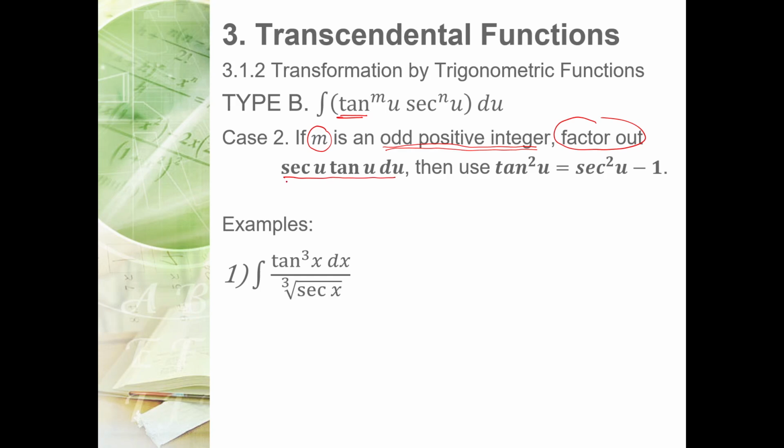The factored term will be the candidate for the derivative of u in the u-sub technique. If there's a tangent squared left in the equation, we need to replace tangent squared with secant squared u minus 1.